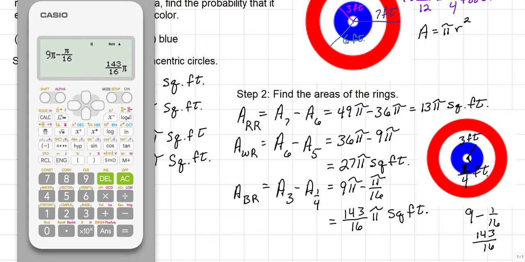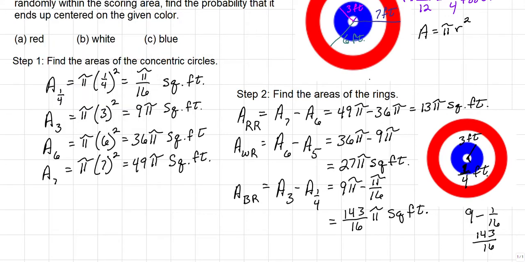Okay, so now that I've found the areas of the concentric circles and used that to find the areas of the rings, I now can go ahead and find my probabilities. The first probability that we want to do is the red ring. Well, what does that mean?